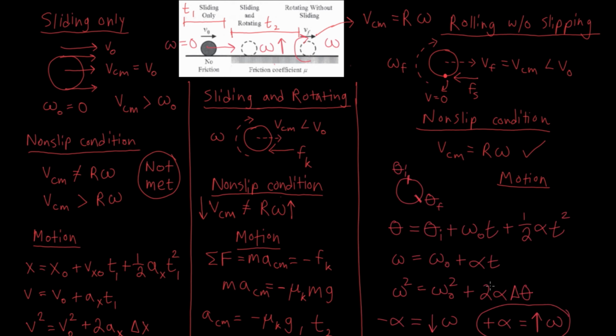So these are the three different scenarios: an object is sliding only, and then when it encounters a rough surface, it's going to slide and rotate, and then after some period of time, once the non-slip condition is satisfied, it's going to roll without slipping. These are the three different types of motion that an object can have when the surface has no friction and when the surface does have friction.